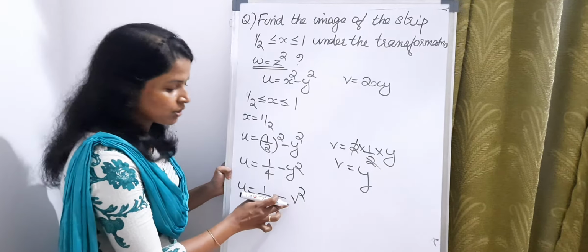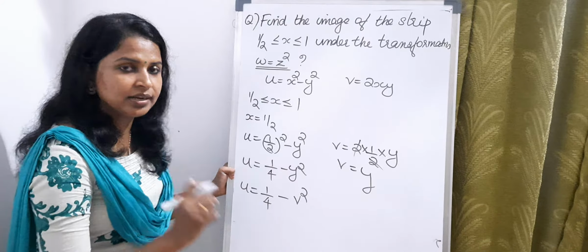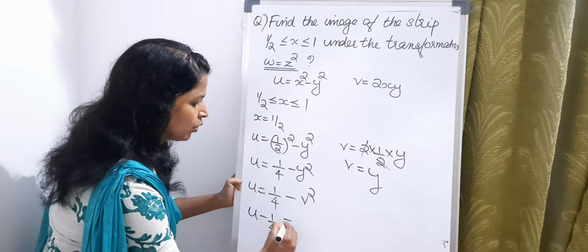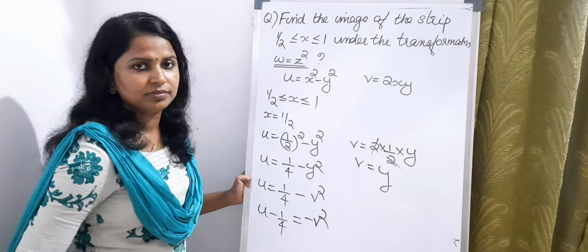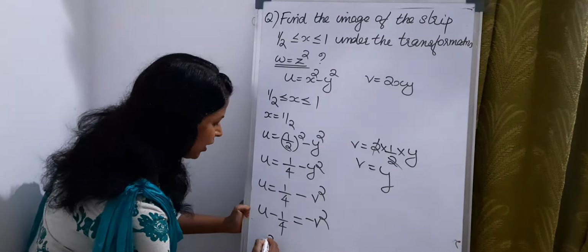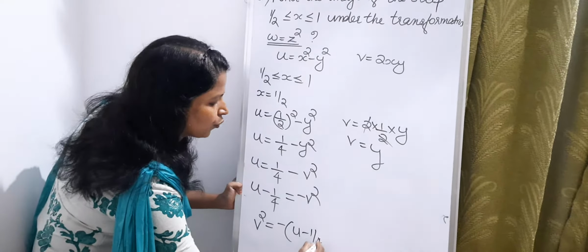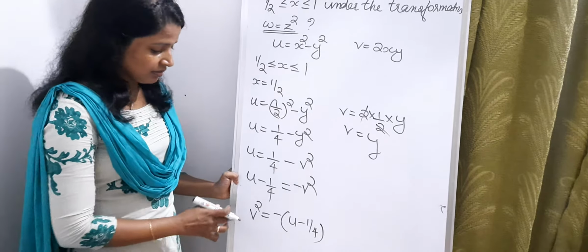So here, u − 1/4 = −v², that is v² = −(u − 1/4).